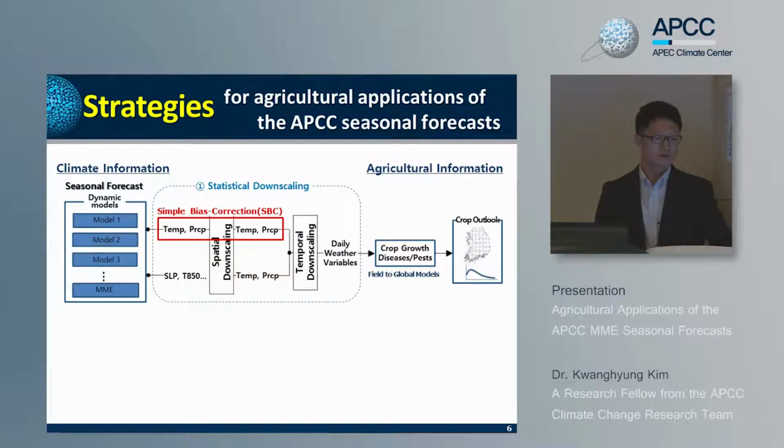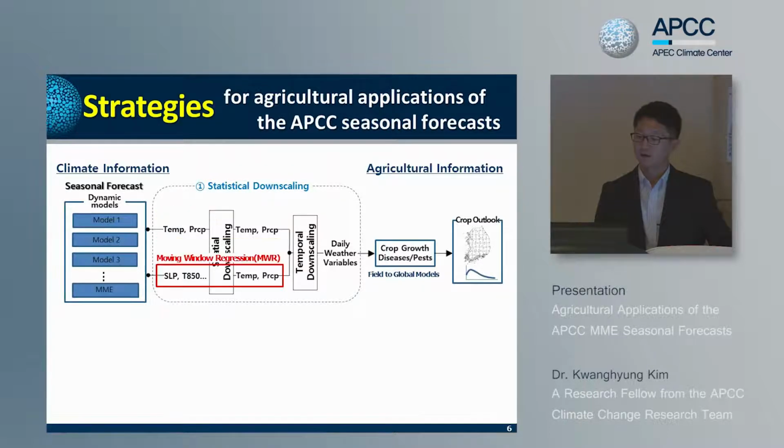One of the methods for spatial downscaling was simple bias correction based on historical climate data, and a moving window regression method utilizing sea level pressure or upper-air temperature like T850, variables other than temperature and precipitation, to estimate weather information for a target region.